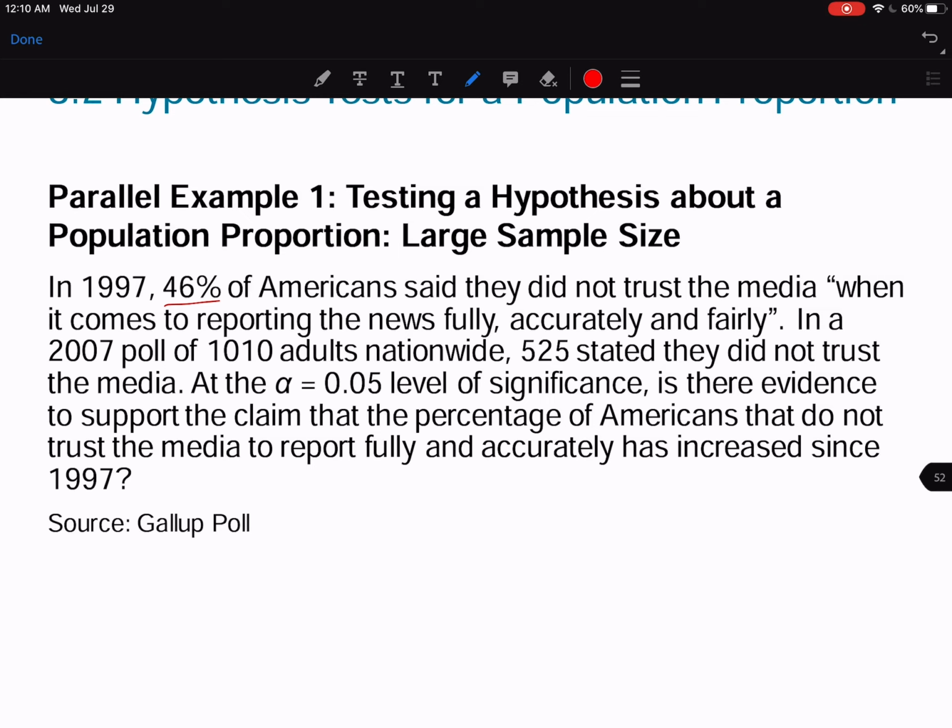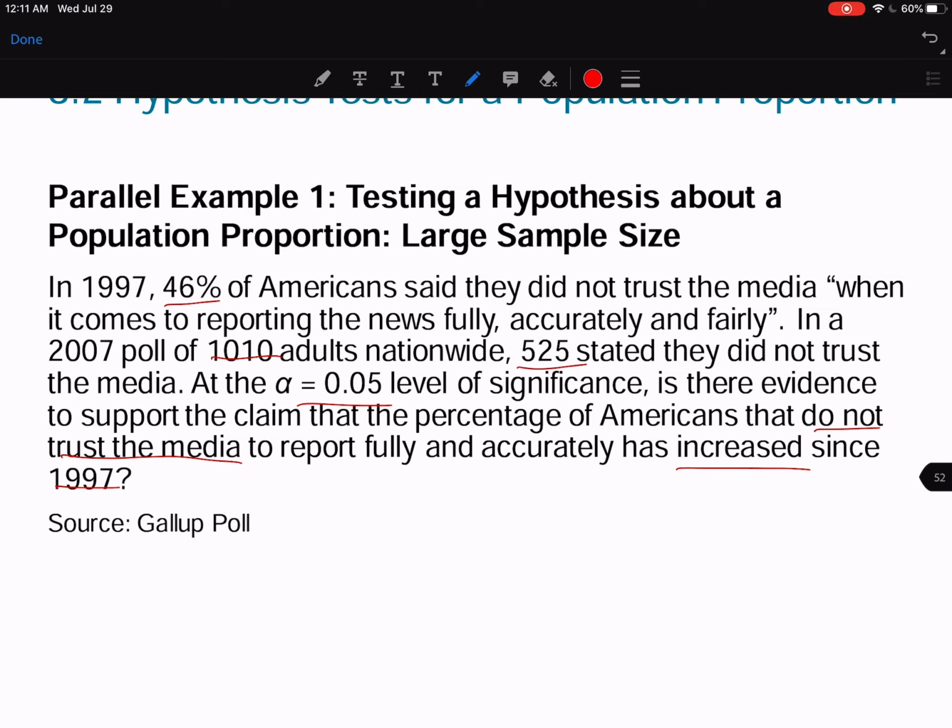In a 2007 poll of 1010 adults nationwide, 525 stated they did not trust the media, and alpha is equal to 0.05 level of significance. Is there evidence to support the claim that the percentage of Americans that do not trust the media to report fully and accurately has increased since 1997?